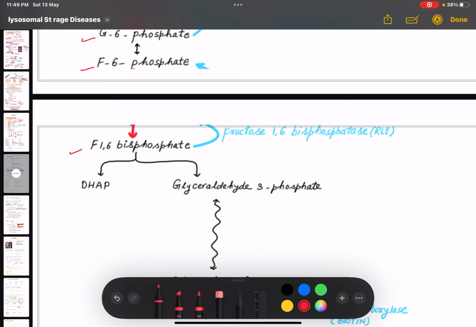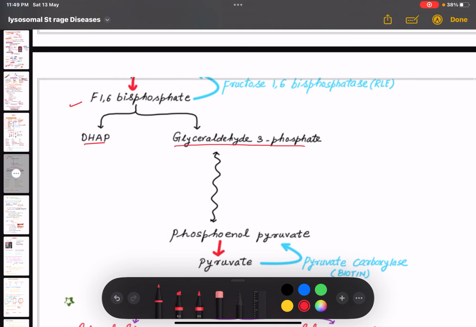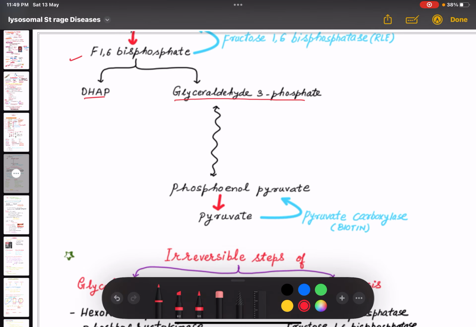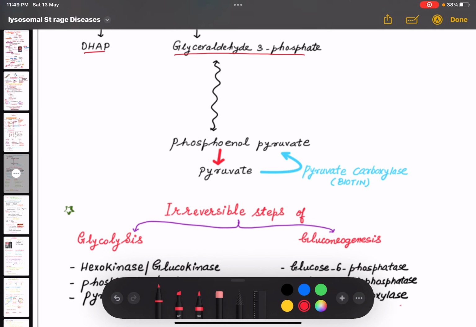This fructose 1,6 bisphosphate gets converted into dihydroxyacetone phosphate and glyceraldehyde 3 phosphate. I'm giving you some substrates which are very important to remember here. Now this glyceraldehyde 3 phosphate undergoes various reactions. Finally it gets converted into phosphoenolpyruvate. From phosphoenolpyruvate we get pyruvate.